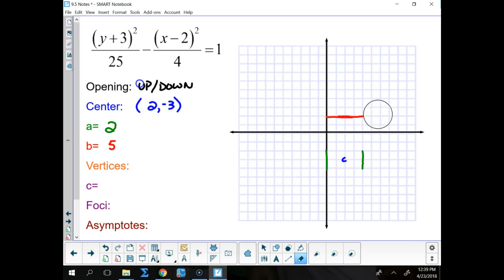One block too many. Okay. So there's our box, correct?